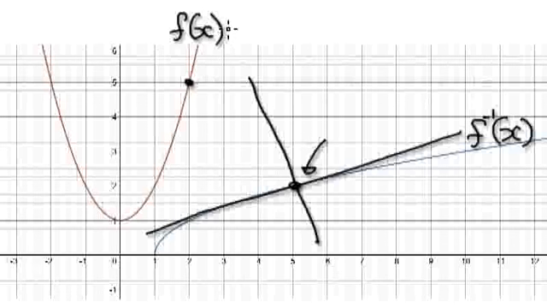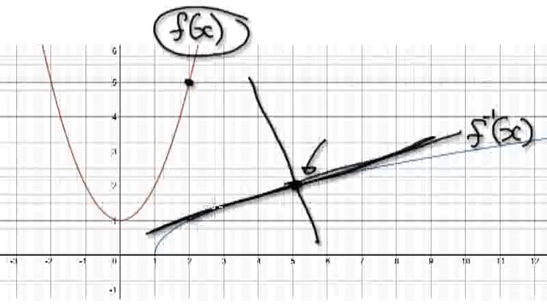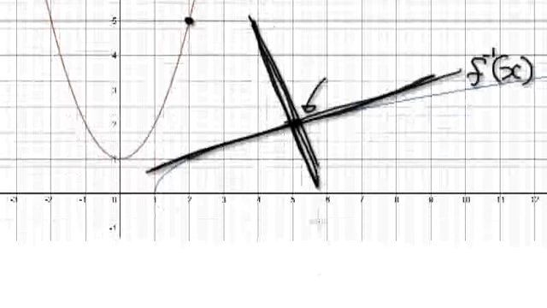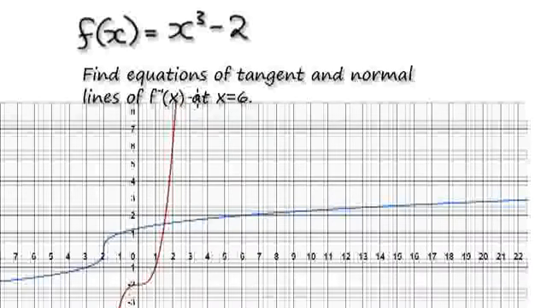Okay, so now I'm going to give you an example. I'm going to give you a function and then ask you to work out the equation of the tangent line and the equation of the normal line. So given this function here, find the equations of the tangent line and the normal line of the inverse function.